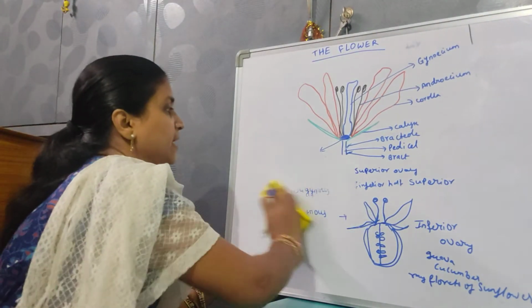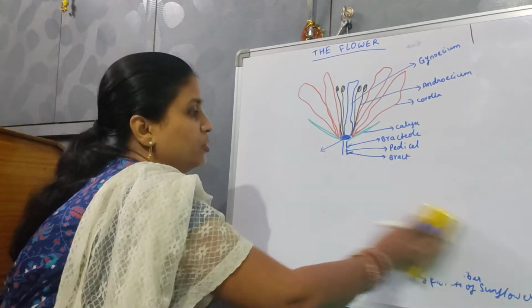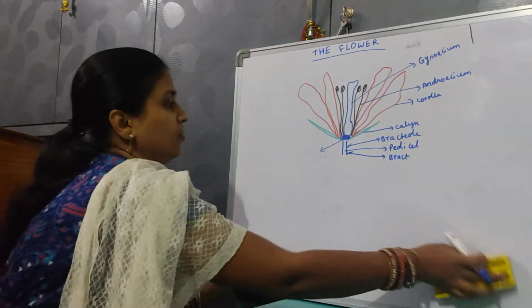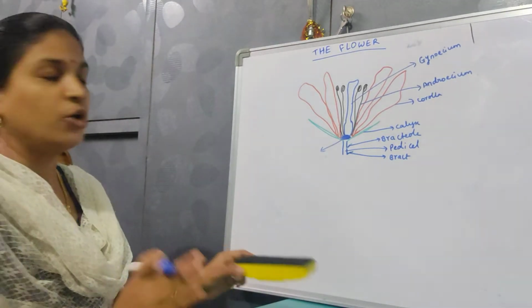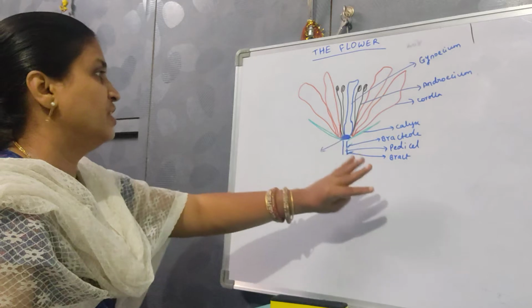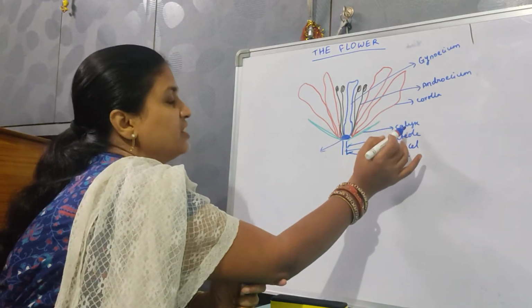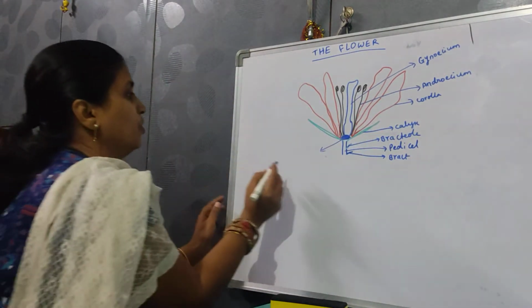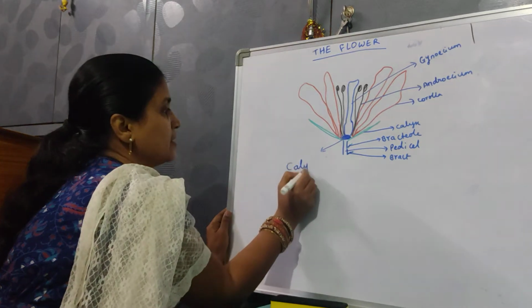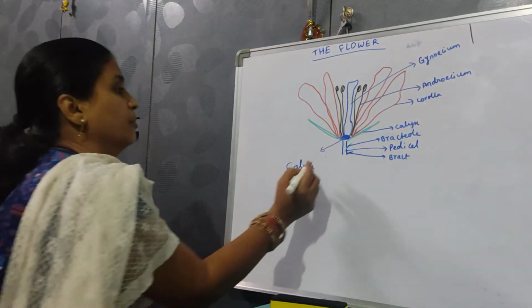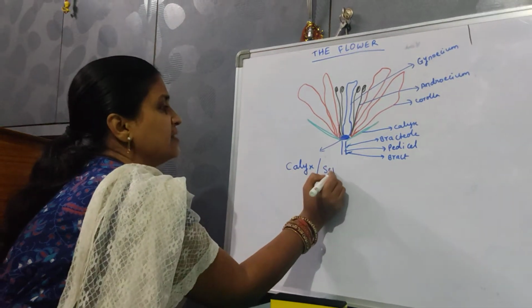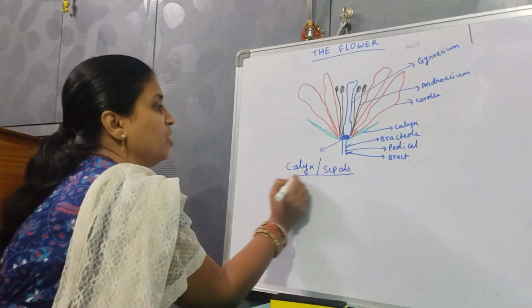Okay. Then coming on to the parts of flowers now. The first outermost whorl is the calyx. This is a scientific botanical term. Generally we call it sepals.